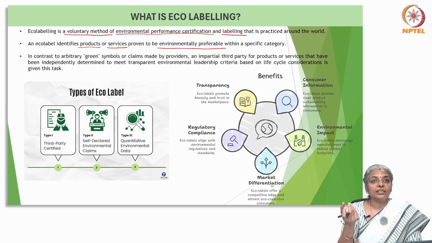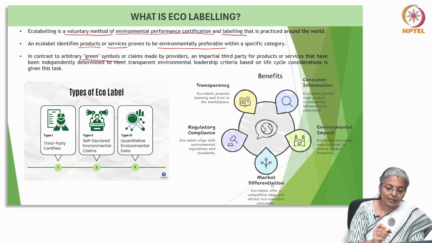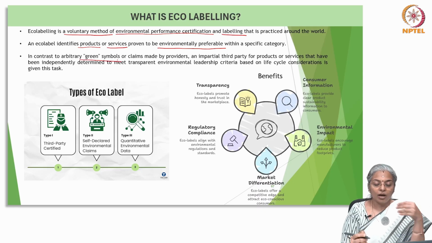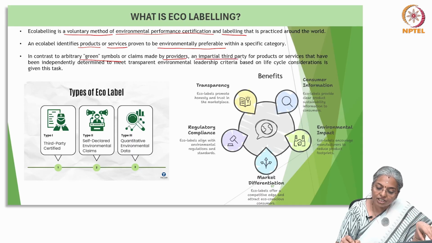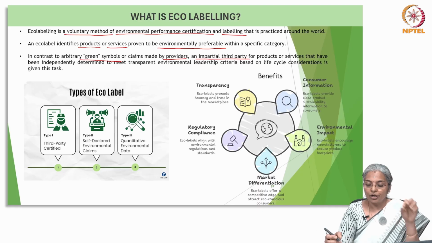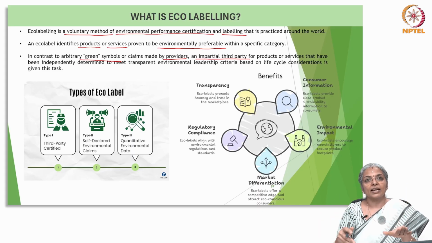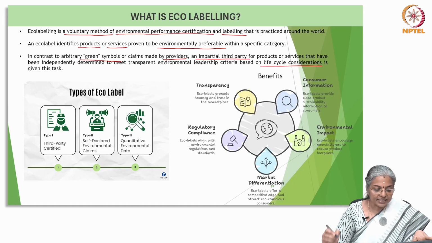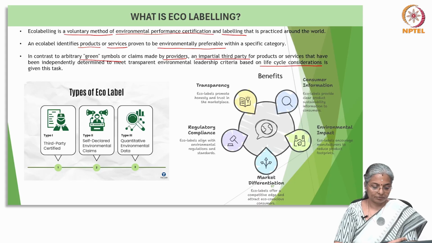In contrast to generally giving green symbols or calling a product green, or any claim that is made randomly by the suppliers, when we go for eco-labeling of a product, there is an impartial third party verification for the products or services that are determined independently and in a very transparent manner by a particular environmental leadership criteria, which is again based on life cycle considerations for that given task.